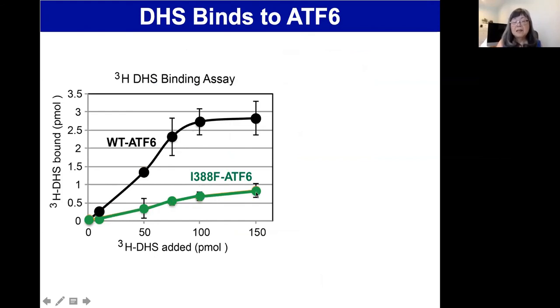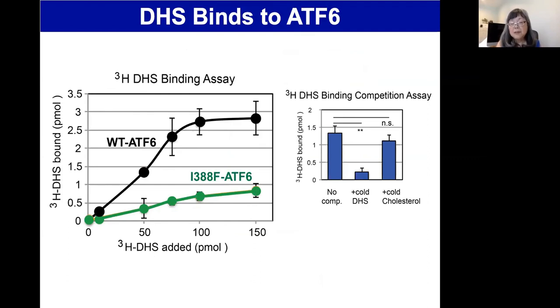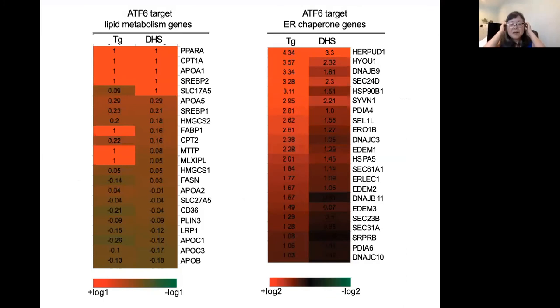And binding is specific because we can compete this binding with the cold excess of DHS, but not by unrelated lipids like cholesterol. So we were very excited about this, and perhaps the ATF6 transmembrane domain has a unique binding site for those early products of the biosynthetic pathway of the sphingolipids.